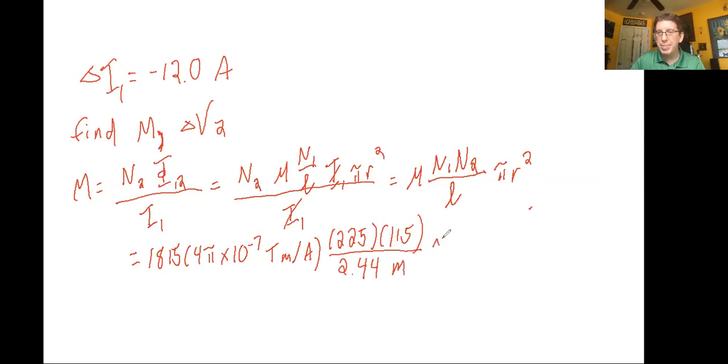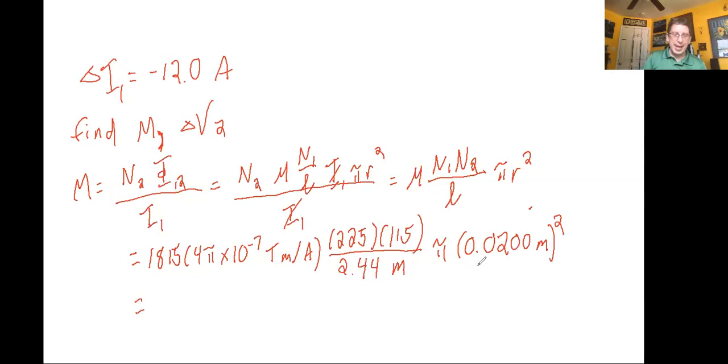And then you're multiplying by pi, and then the radius is 2.00 centimeters, and here they do give the radius. So you don't need to divide this by 2. So that's 2.00 centimeters or 0.0200 meters. And again, you're squaring that.